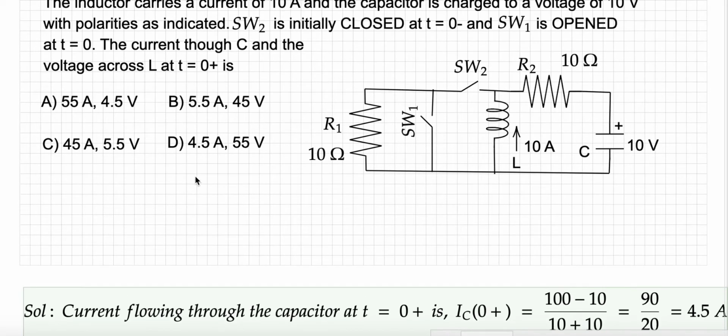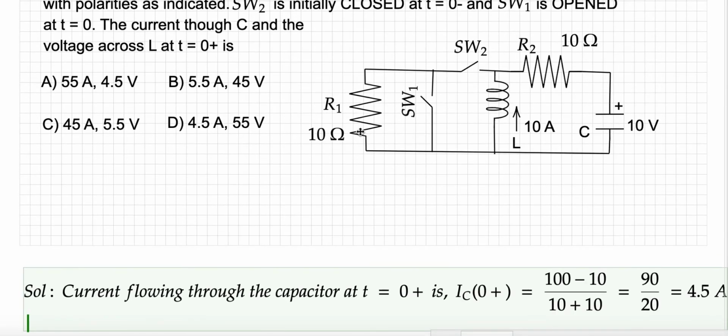Now what about the voltage across the inductor? The voltage across the inductor is the potential here, from here to here, which after the source conversion is just the potential at the middle. So 100 volts here minus the drop across the 10 ohm. What is the drop across 10 ohm? The current is 4.5, so the drop is 45.